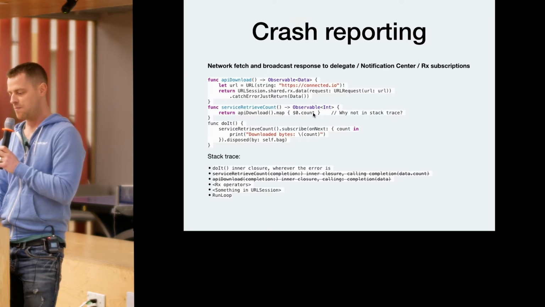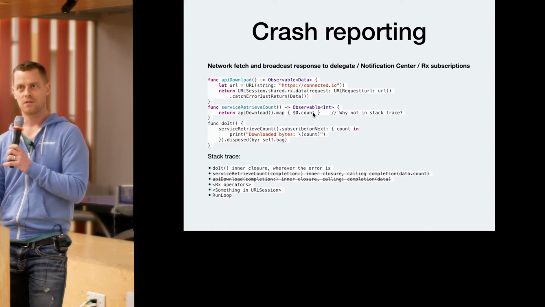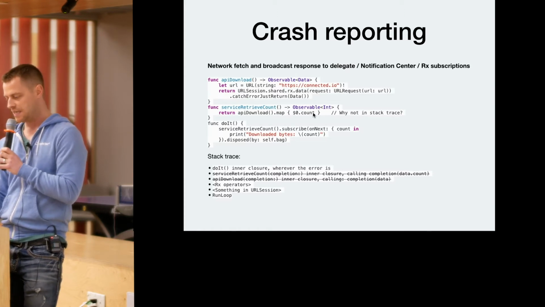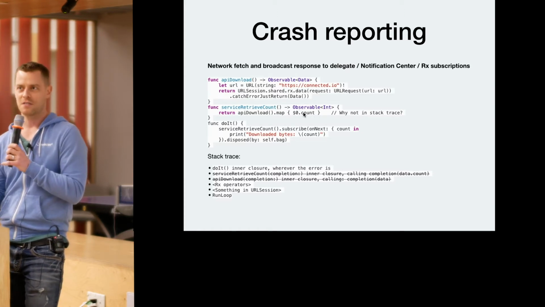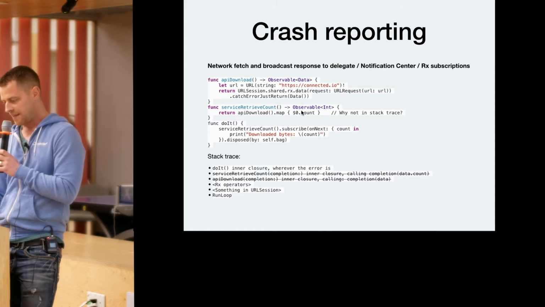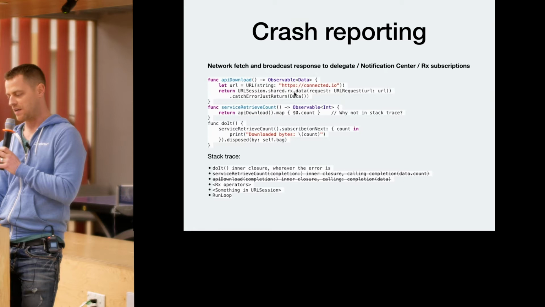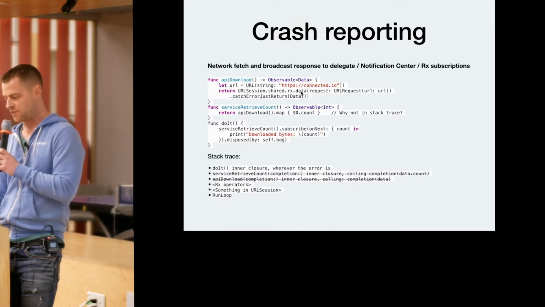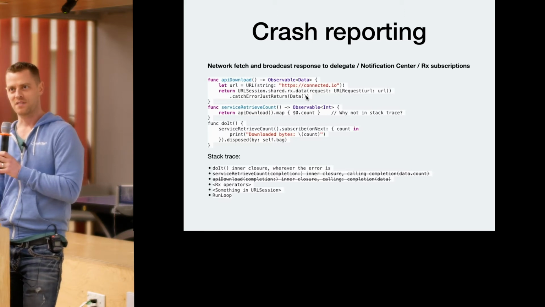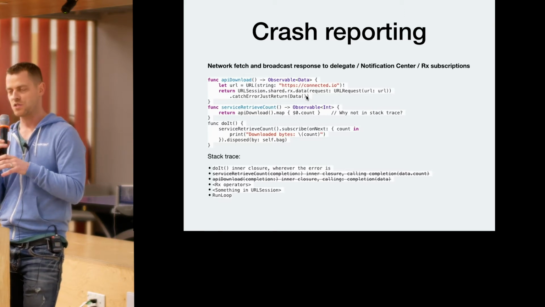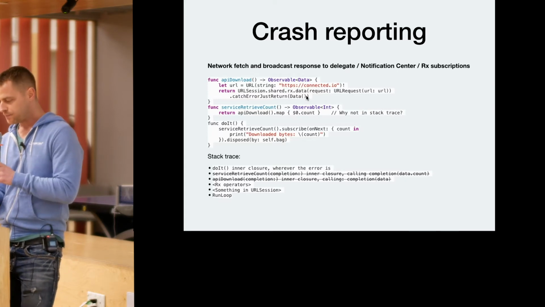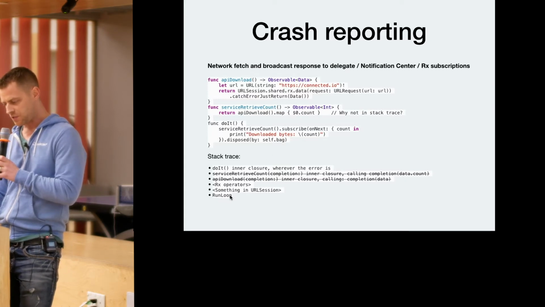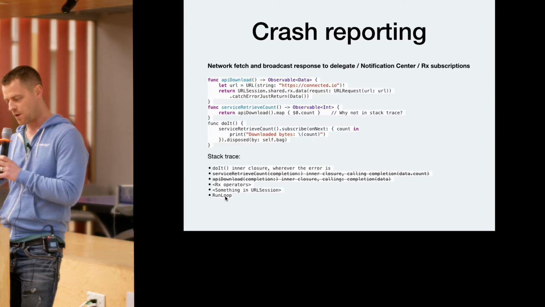So this might be like parsing JSON or whatever to a model object. Here I'm just mapping to the count of bytes in the data for the example. And then our API, again, is essentially using an Rx helper from RxCocoa off of the URL session. And I've got some error handling that was in the previous example, where if there's any exception, we just have empty data.